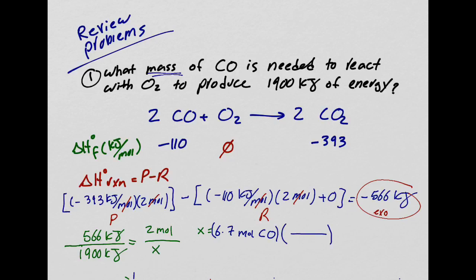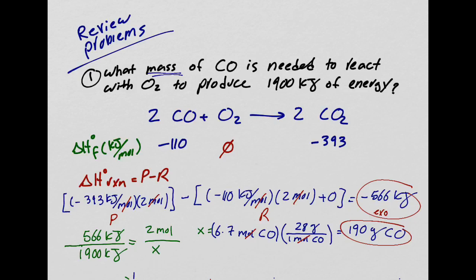Yeah, using molecular weight. 1 mole of carbon monoxide is 28 grams. So the moles will cancel out, and what I end up getting is 190 grams of carbon monoxide. So I need 190 grams of carbon monoxide to produce 1900 kilojoules of energy.